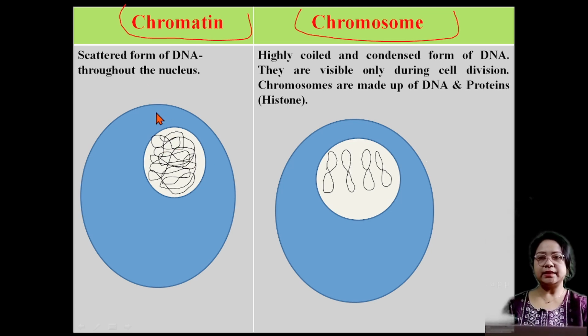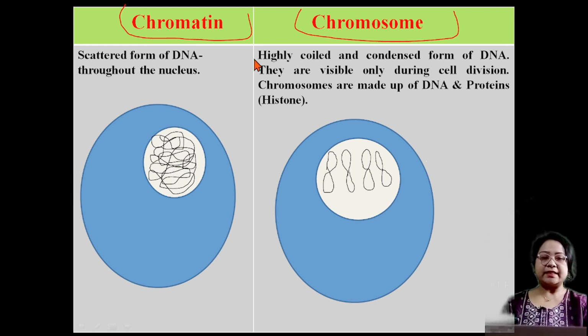This is called chromatin, and you can find this scattered form of DNA before cell division. Before cell division, when the cell has still not started its division process, you can find the DNA in this type of structure.